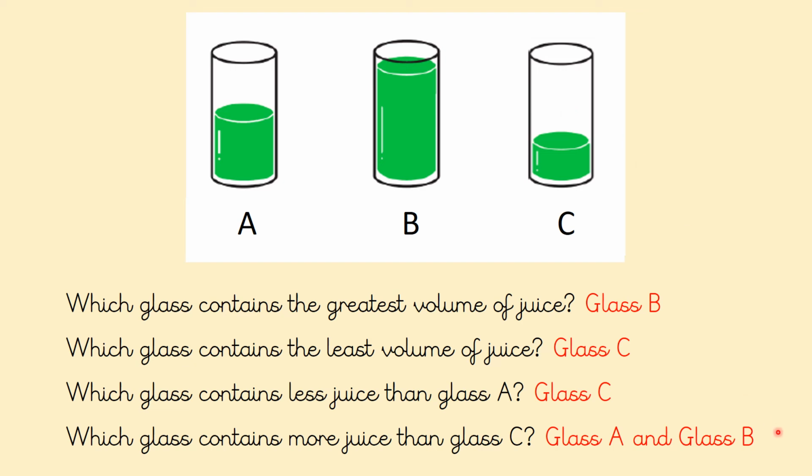And finally, which glass contains more juice than glass C? Well, we already figured out that glass C has the least amount of juice. So which glass contains more than glass C? Well, it's both glass A and glass B because their juice goes up higher than glass C.